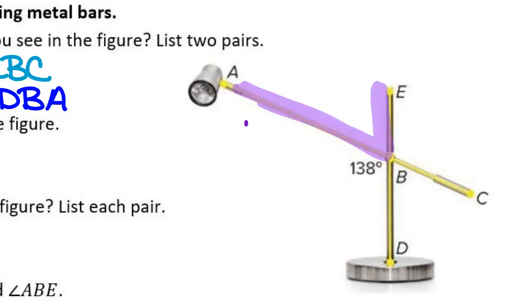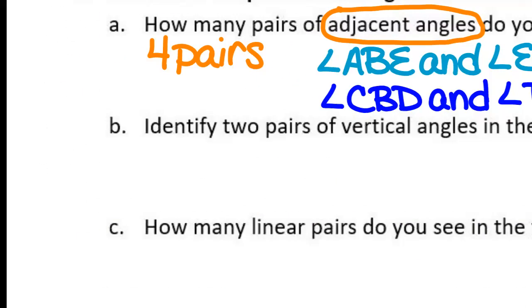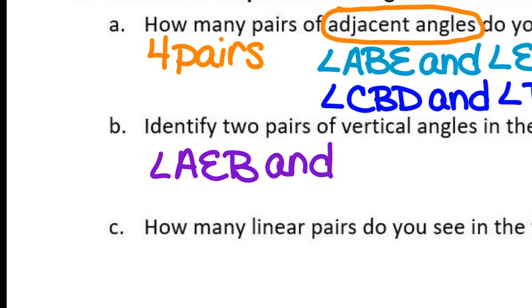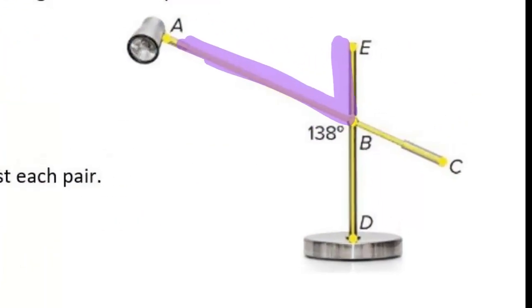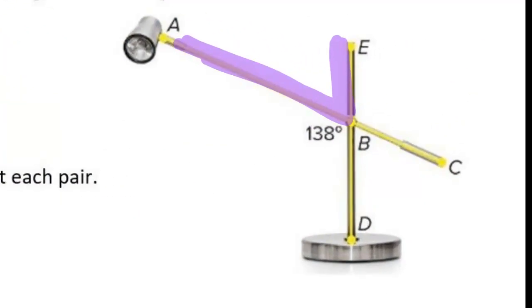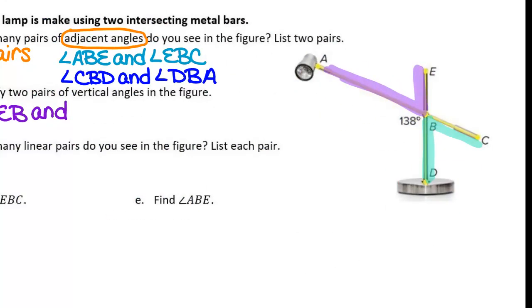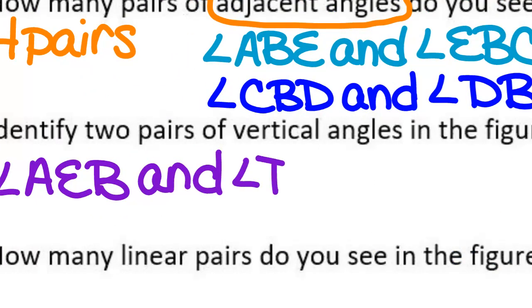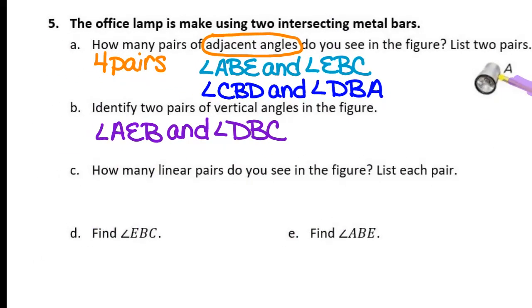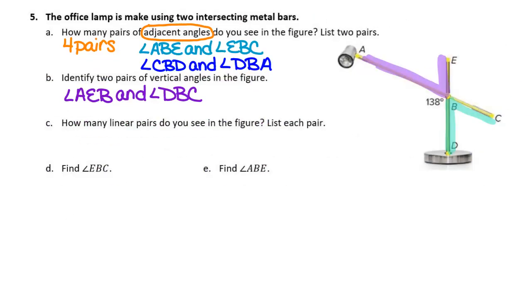So angle AEB, and I need another angle up here in this picture that does not share a side with AEB. DBC, this one right here, yes, angle DBC. They don't share sides. Correct. They do not share a side. Angle AEB and angle DBC.